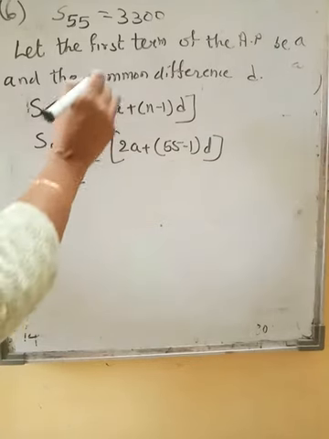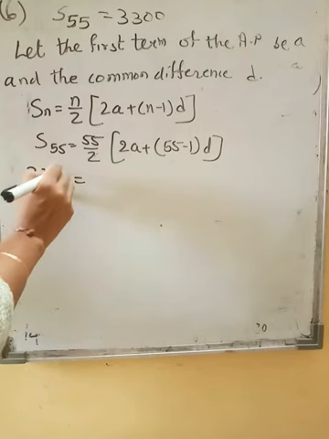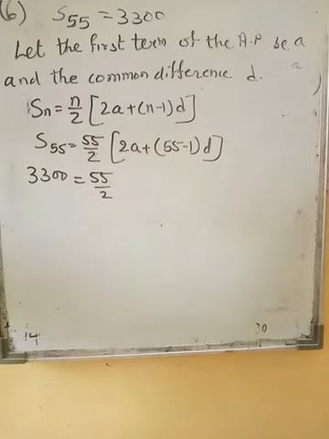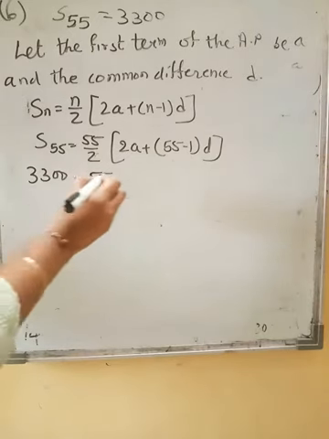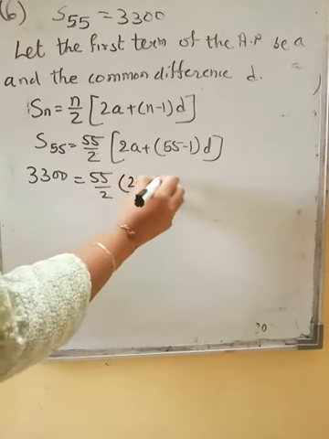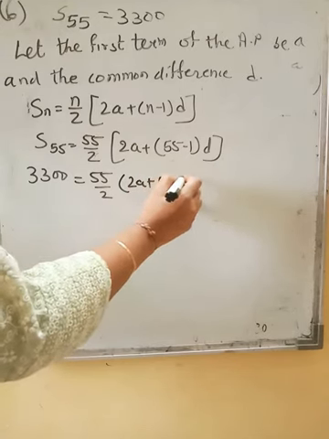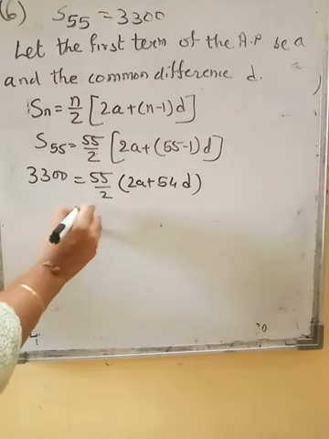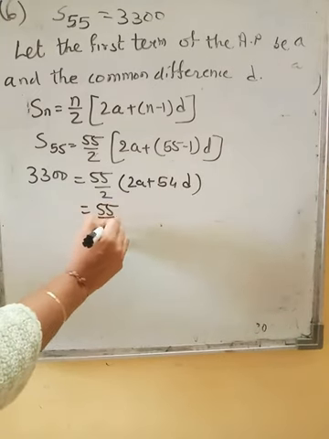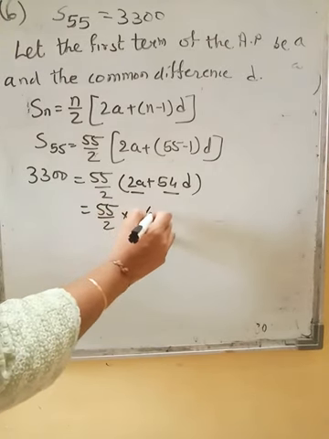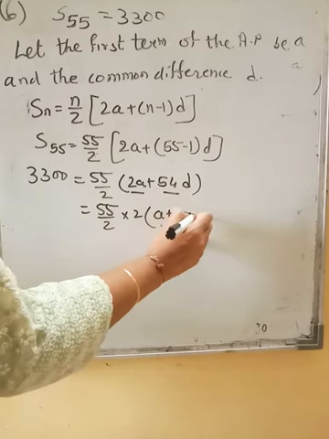What is the value of Sn given? 3300 is equal to 55 upon 2 in the bracket 2a plus 54 into d. Correct? So 55 upon 2. Now here 2a and here also 54, so I can take 2 common and then a plus 27d.